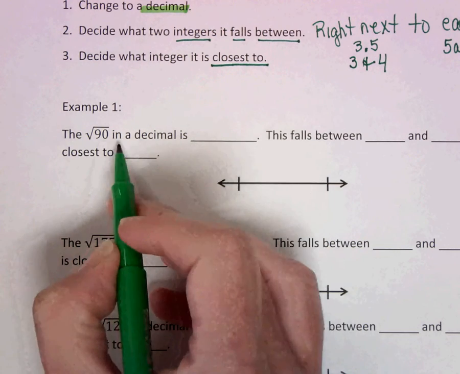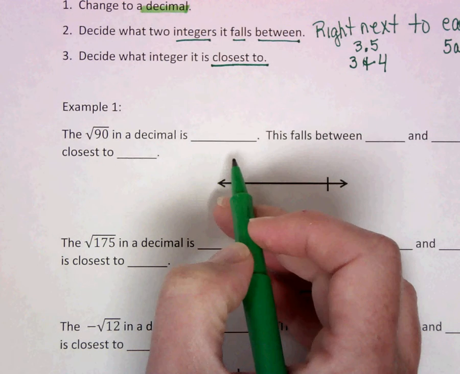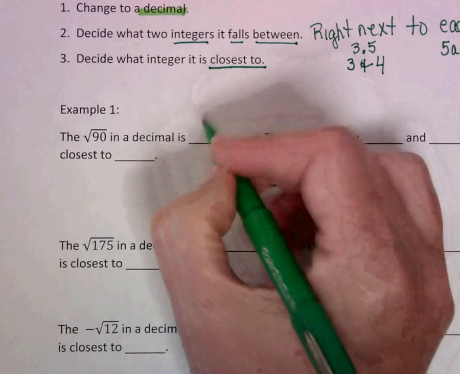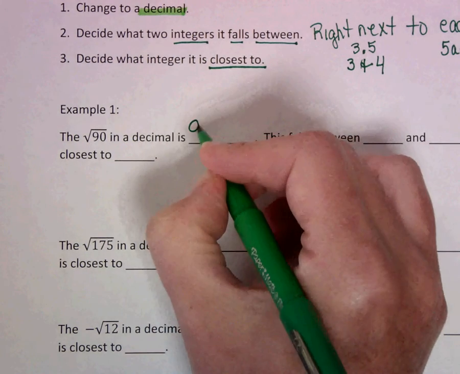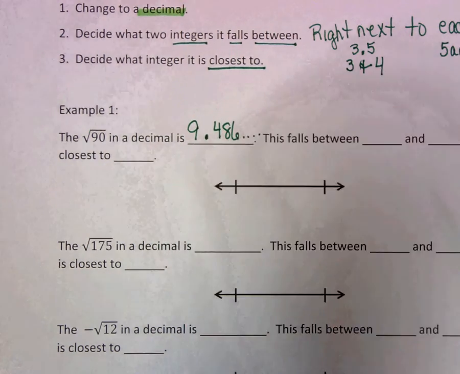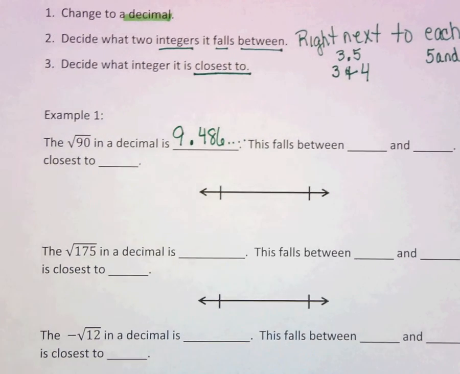I hope you have your calculator. Type in the square root of 90, use your calculator on your computer or your phone, and you should get 9.486, and you probably have some more digits there. That's enough. Now, what two integers does this fall between?